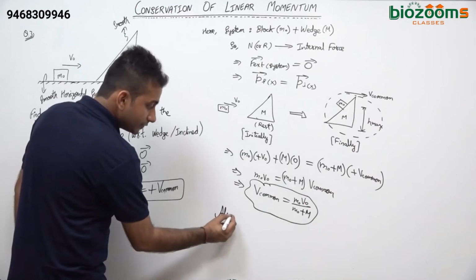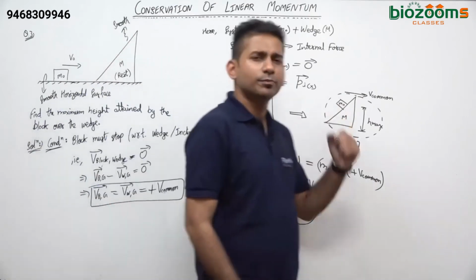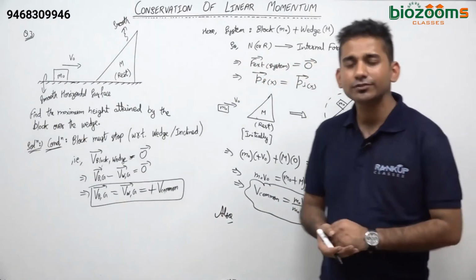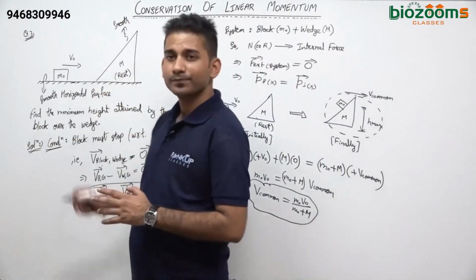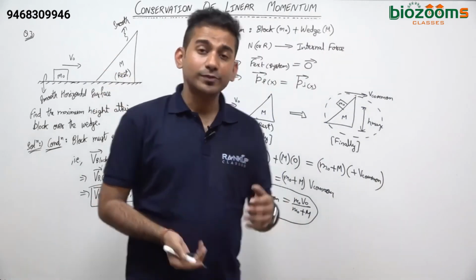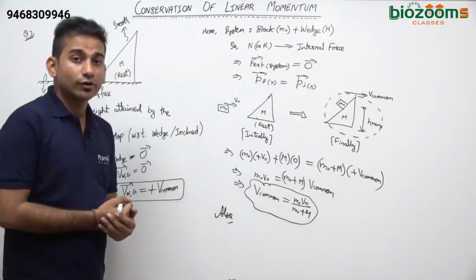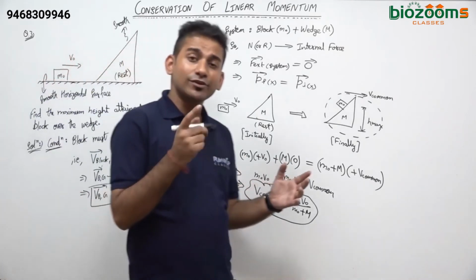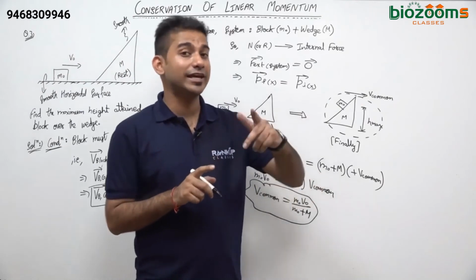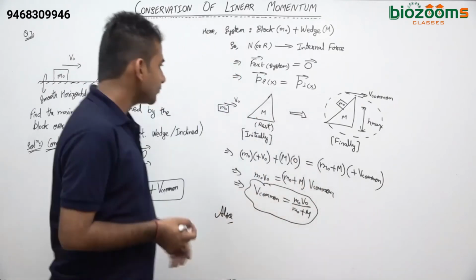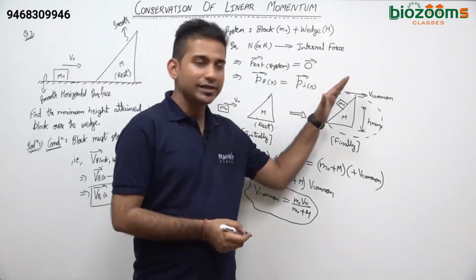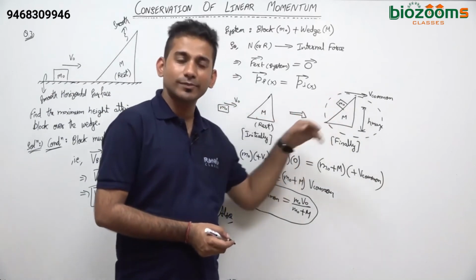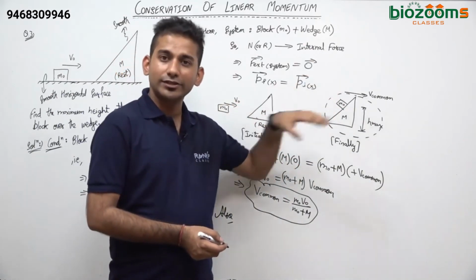Also, can we say that during the entire process, was there any heat dissipation? Is there any friction or so? No dissipative force, right? Which means the total mechanical energy of the system is going to be conserved. Which means there will be loss in one form of energy and gain in the other form of energy. So can you say that there is some gain in the GPE, the gravitational potential energy, because one of the objects is going to be elevated, right?